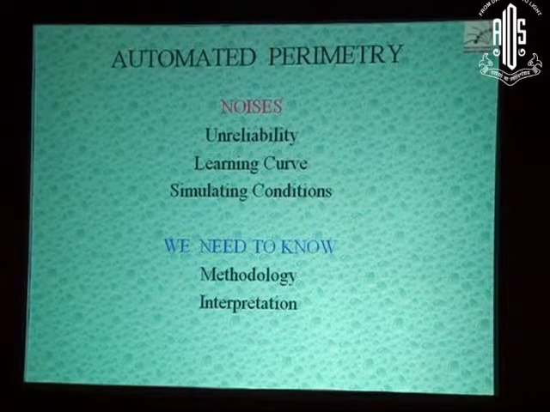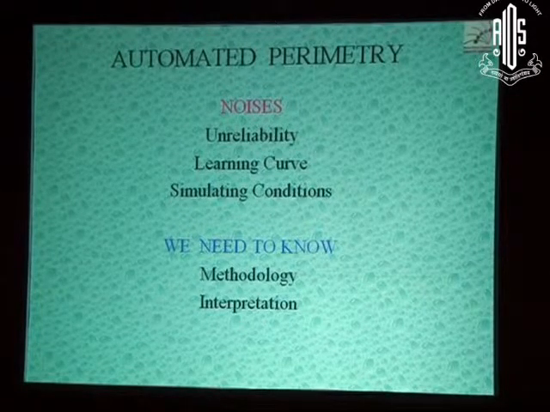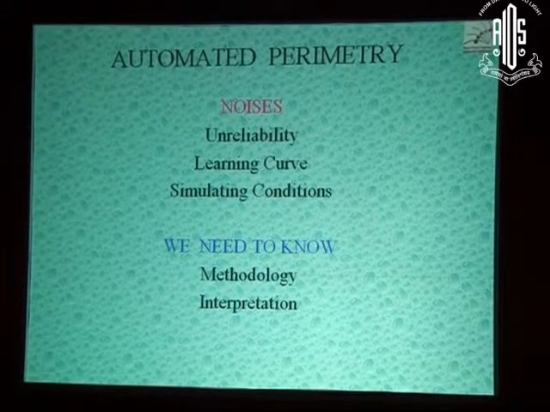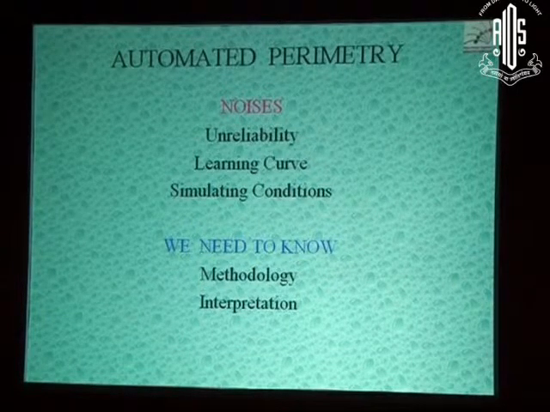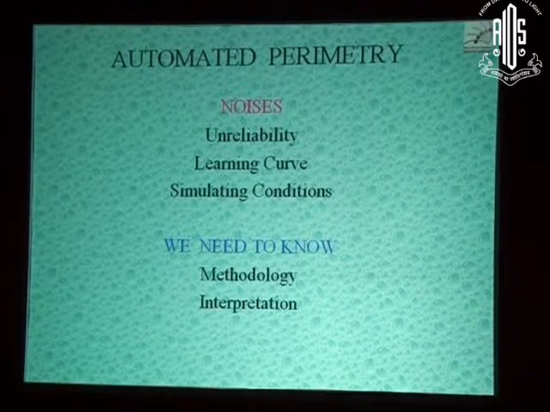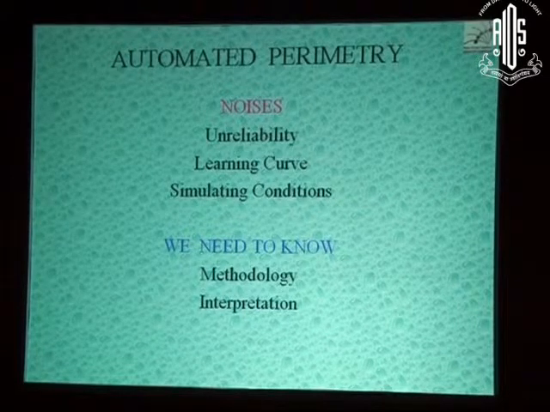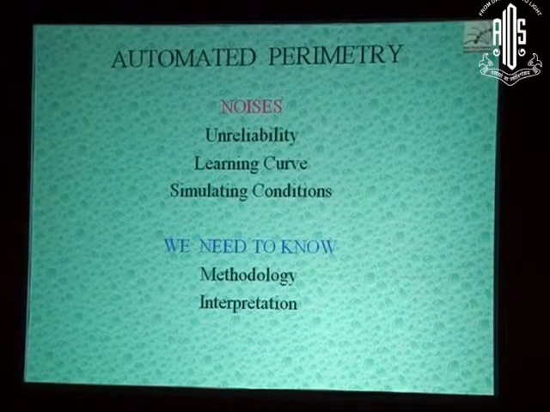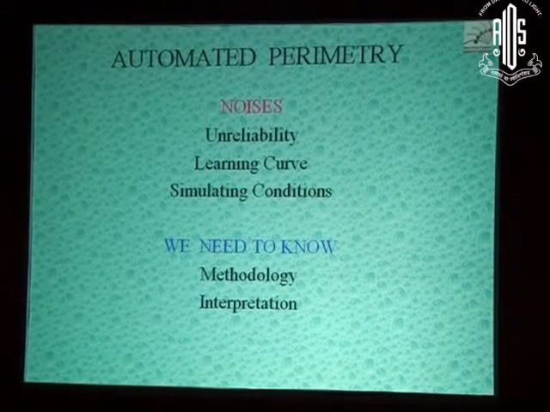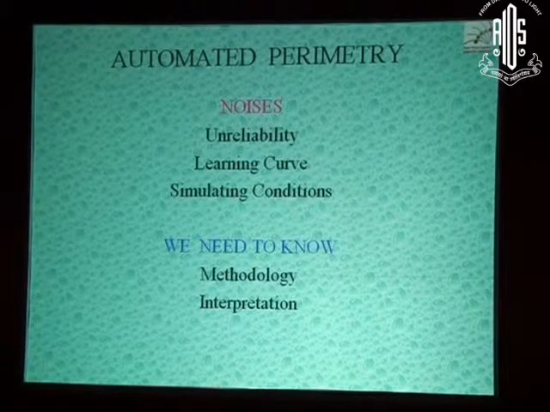But there is some noise which produces problems for us, because the patient may have an unreliable field, the patient may have a field defect due to the learning curve, or there are some simulating conditions which may mimic glaucoma, or some retinal disease which may mimic in the same way. So we need to know the methodology and at the same time the interpretation.